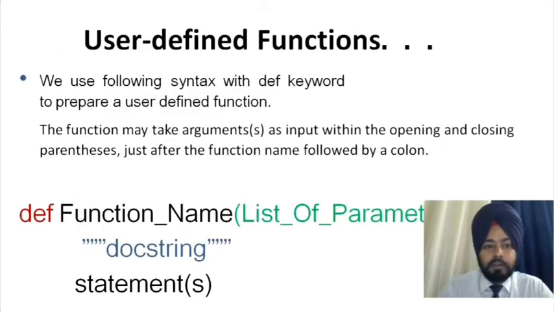For a user-defined function, we use the following syntax with the def keyword to prepare a user-defined function. A function may take arguments as input within the opening and closing parenthesis just after the function name, followed by a colon. These are the lines written here to define a function.